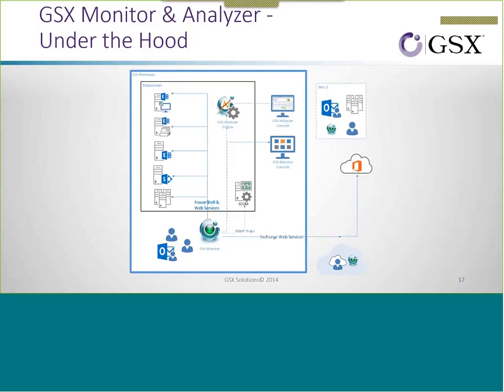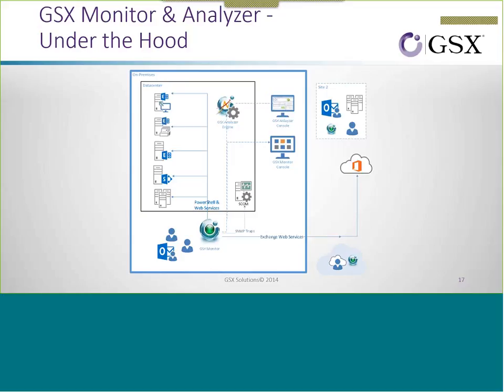Then GSX Monitor is able to connect and monitor the different servers, but not only at the server level, also, for example, for Exchange at the CAS array and DAG level. So you have a global monitoring of your organization. And you can also monitor specific features such as the mail routing of emails, both internally and externally.